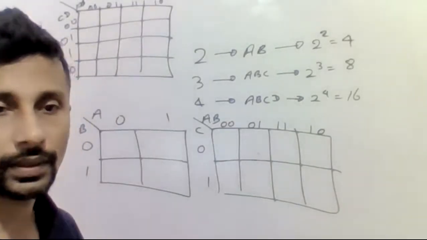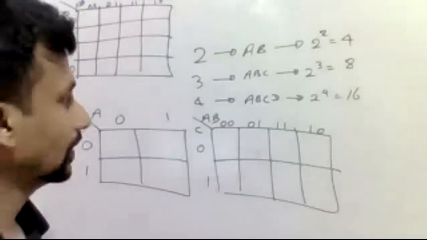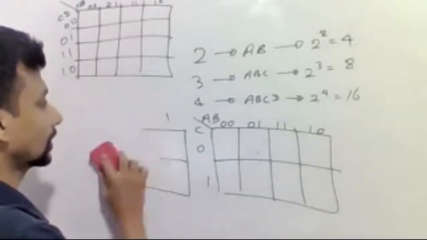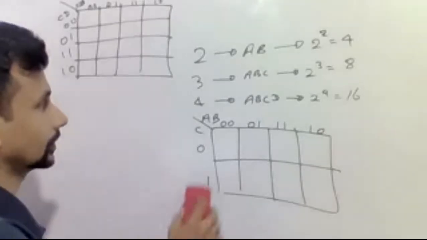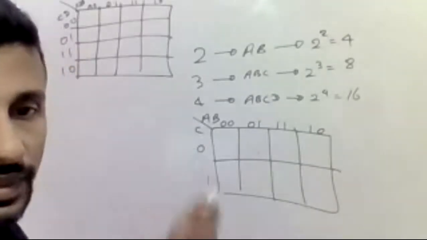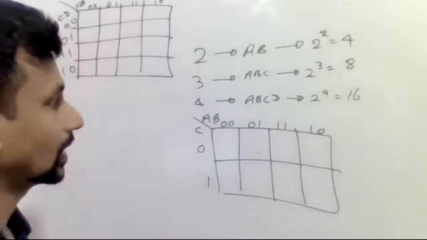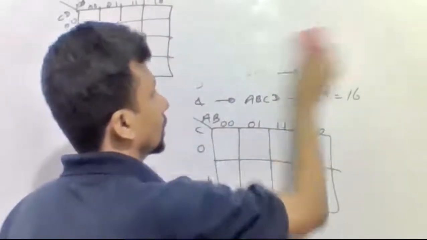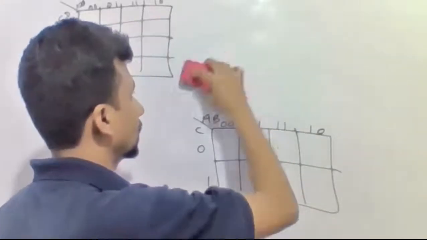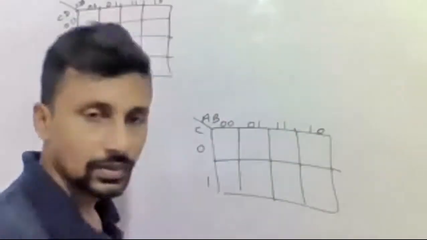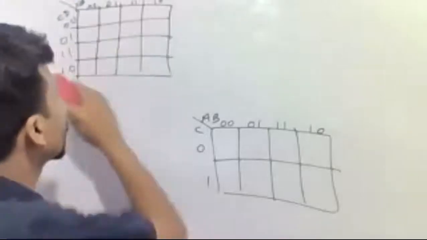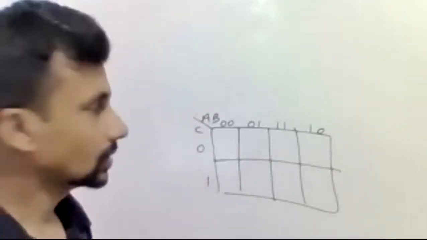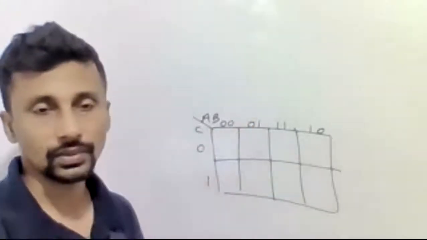Okay. So I will test this part. I will keep this one and explain why we need to put the numbers like this. So I am using the numbers 00, 01, 11, 10. Right?